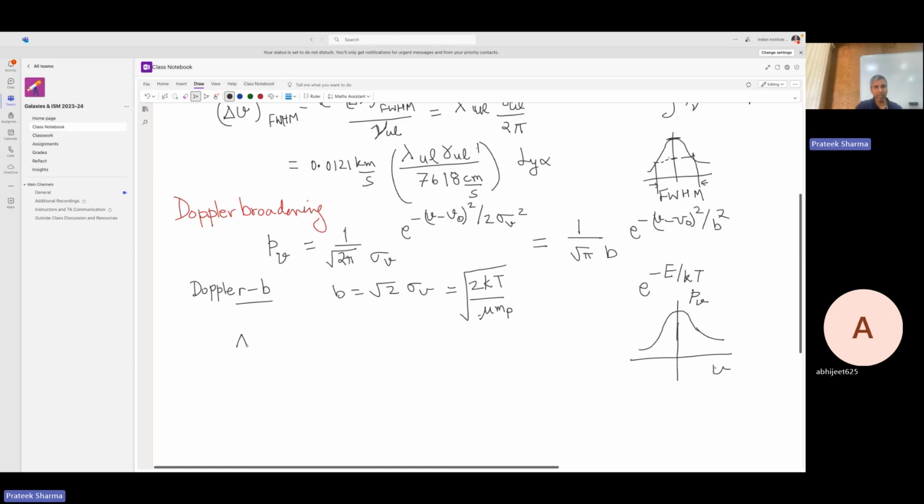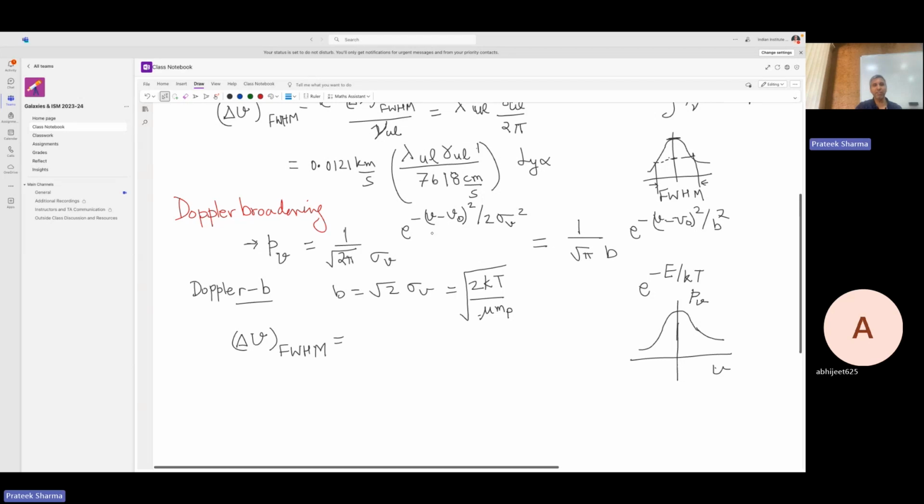Right. So delta v of FWHM for this velocity distribution P(v) is what? So when does it become half of it? So at v equals v naught, it is 1 by square root of 2 pi sigma v.